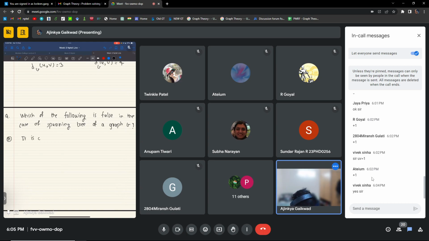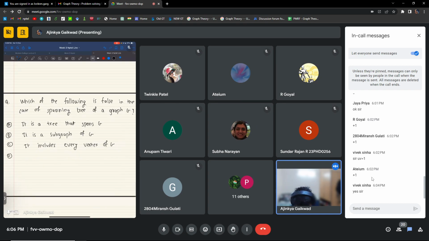A tree that spans G is a subgraph of G. Third, it includes every vertex of G, and this is T. It can be either cyclic or acyclic.